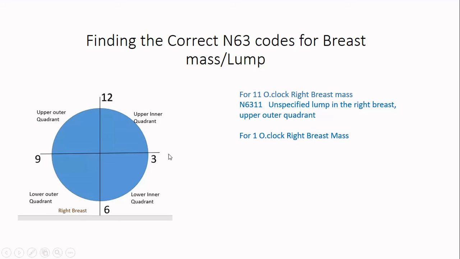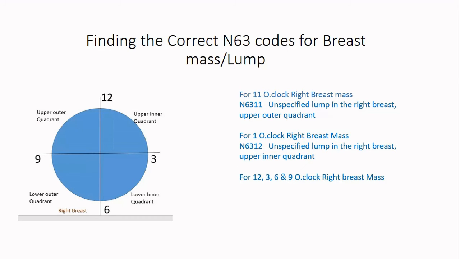Similarly, if you get a breast mass at 1 o'clock position, right breast, you can go for N6312, unspecified lump in the right breast, upper inner quadrant. Based on the clock position only, you have to code the specific code from the N63 series.